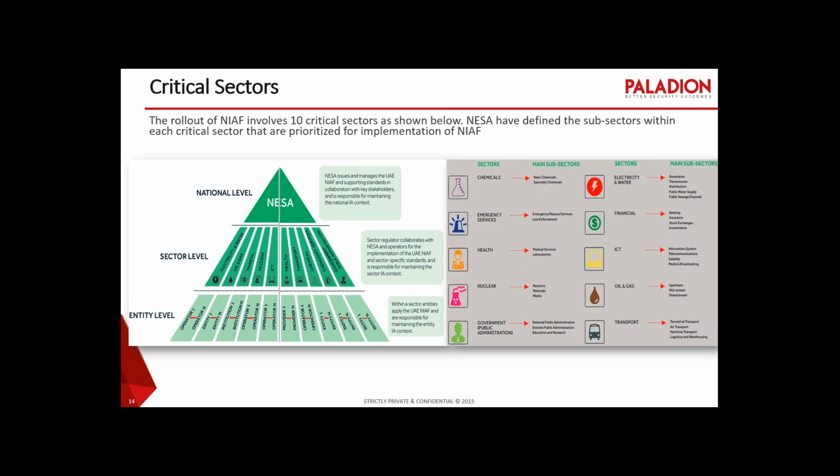What NESA has done is they have also identified the subsectors within each sector, which they have identified as a critical stakeholder of the national cyberspace. So basically, more or less all the entities and operators within these subsectors are being mandated for NESA compliance.